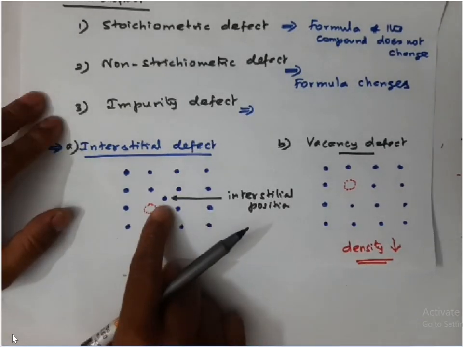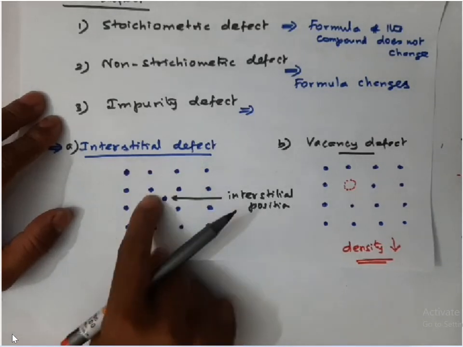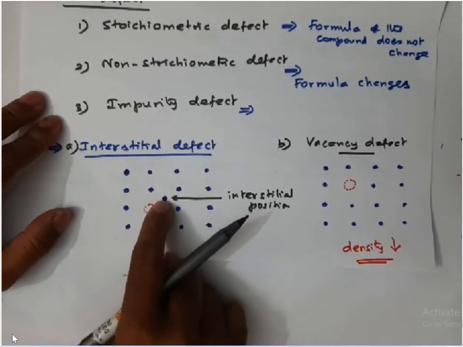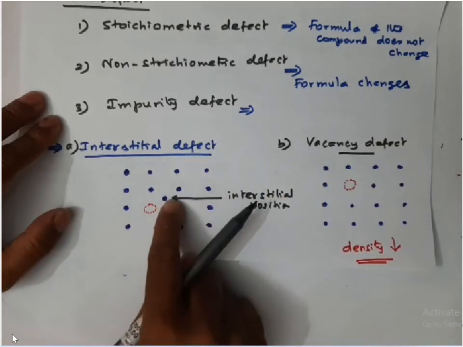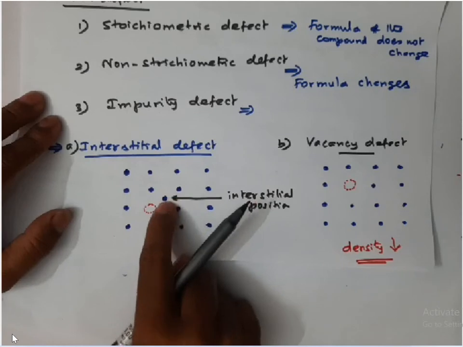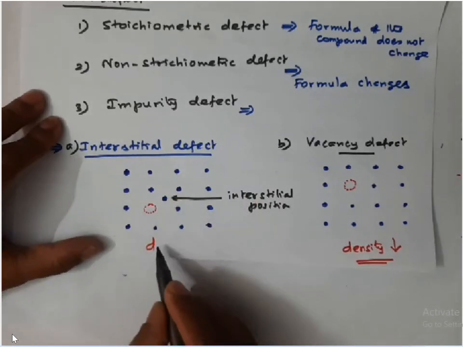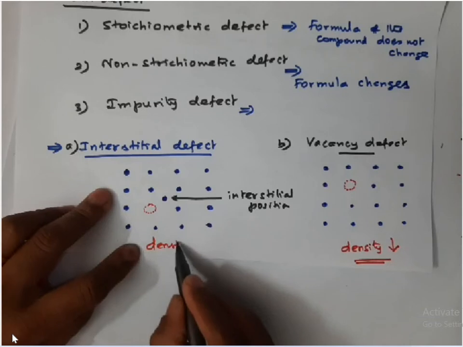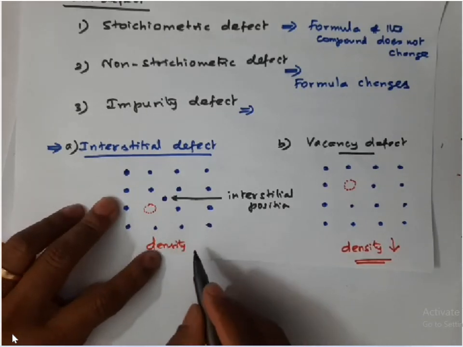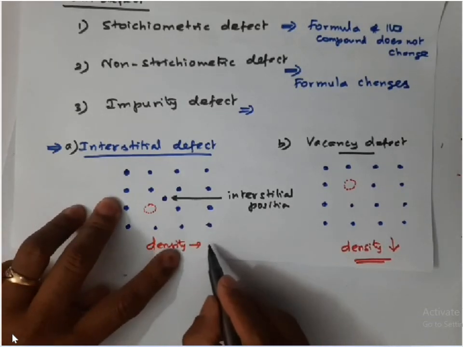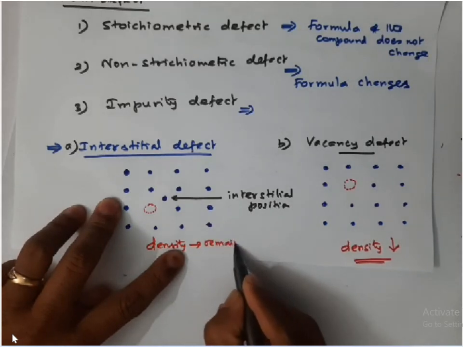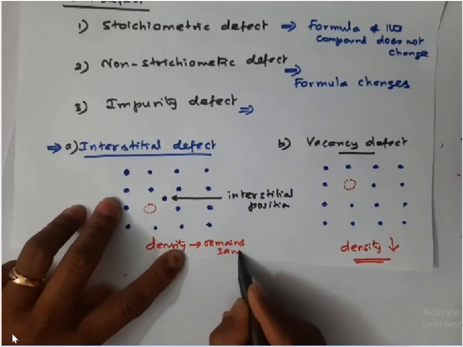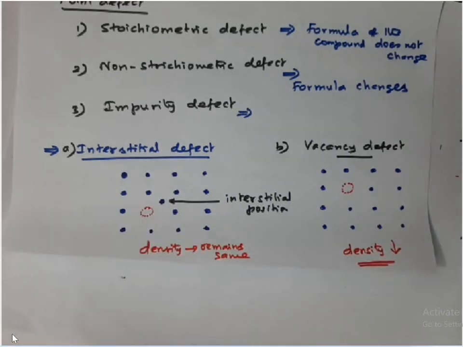Whereas whenever an interstitial defect arises, the atom is not moving out of the crystal. It is there in the crystal, but occupying some interstitial position, that's all. So here, the density of the crystal practically remains the same. It does not change. This point you should keep in mind.